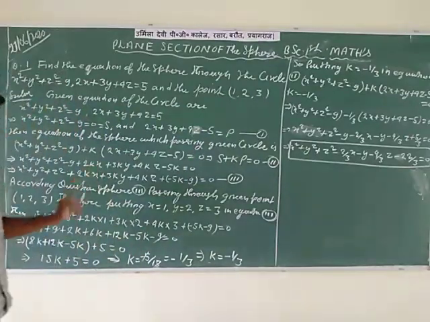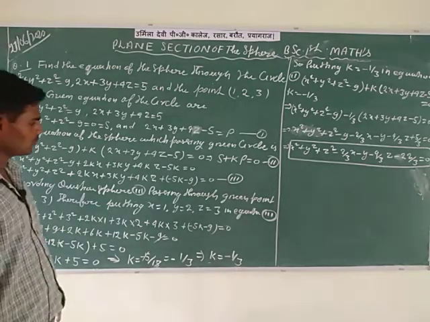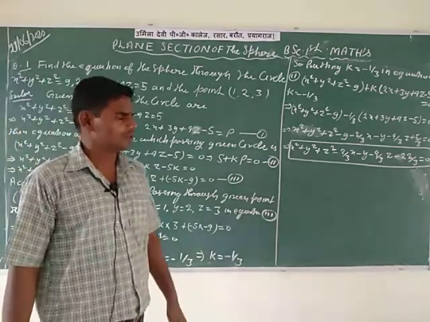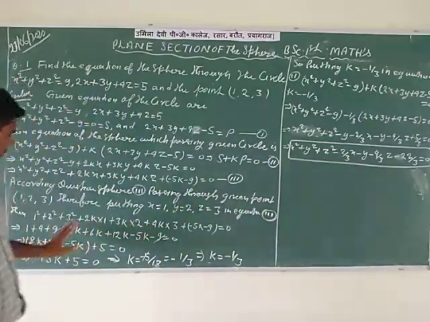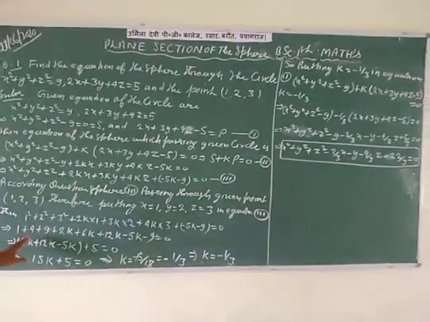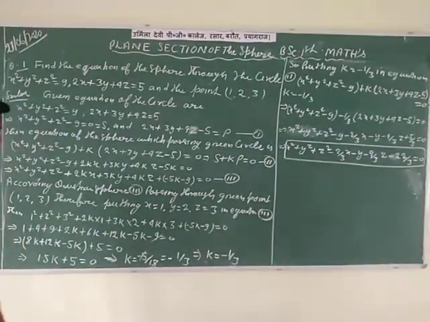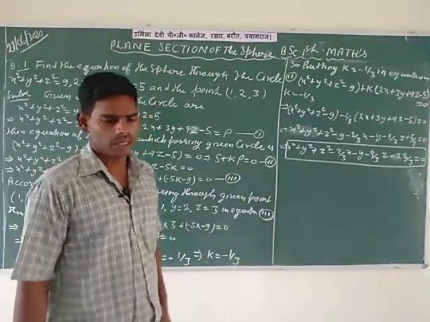Therefore, to apply this condition, put x = 1, y = 2 and z = 3 in equation third. After simplification, we find the value of the unknown number k, which is equal to −1/3.